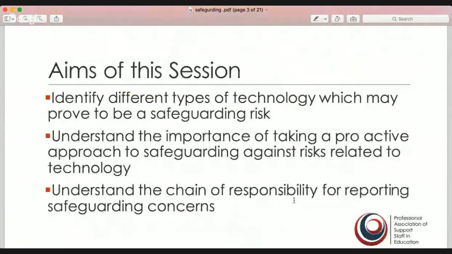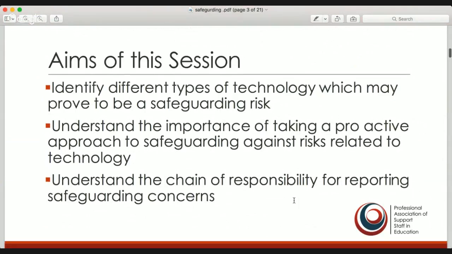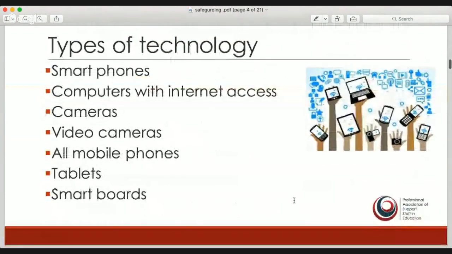This is what we're going to look at, the types of technology that can be a safeguarding risk, the importance of being proactive, and our responsibility about reporting safeguarding concerns. So different types of technology that we are surrounded by in schools.